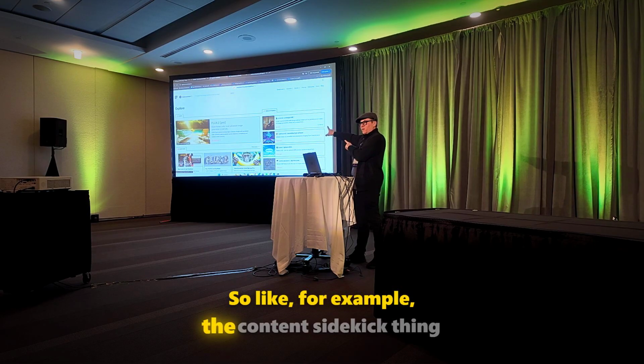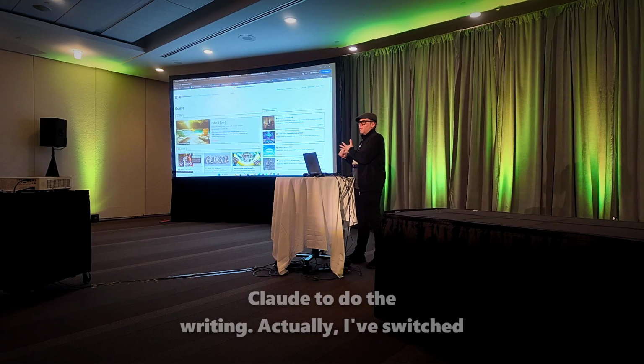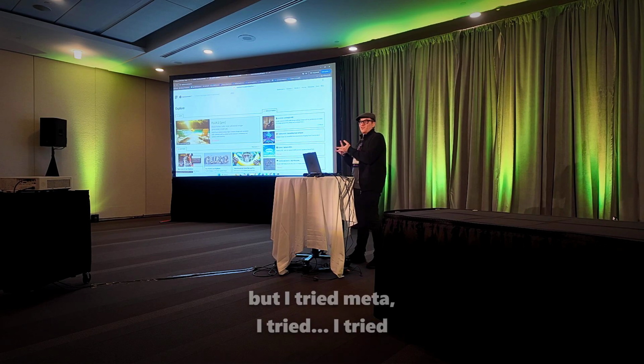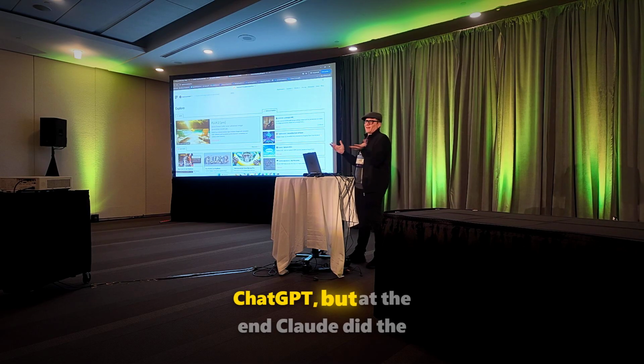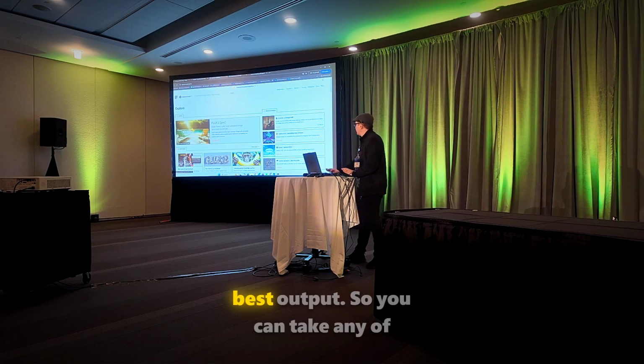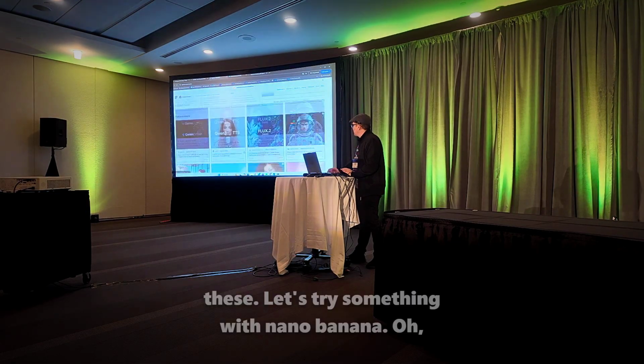So for example, the content sidekick thing I showed you uses multiple models. It uses Claude to do the writing. Actually, I've switched over to Claude for a lot of them, but I tried Meta, I tried ChatGPT, but at the end, Claude did the best output. So you can take any of these.